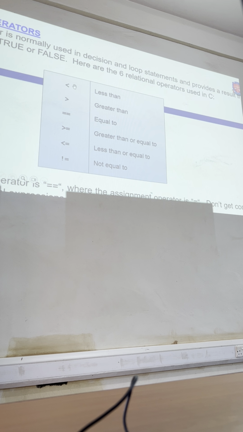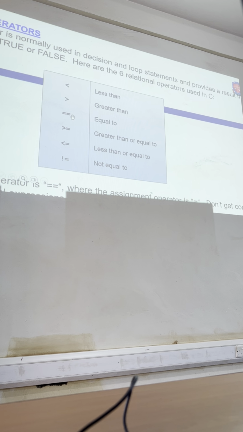So is it less than, is it greater than, is it equal to. Please remember, equal to is two equal signs. One equal sign is for assignment. When you say A = 3, you are assigning 3 to A. When you say A == 3, you are checking.